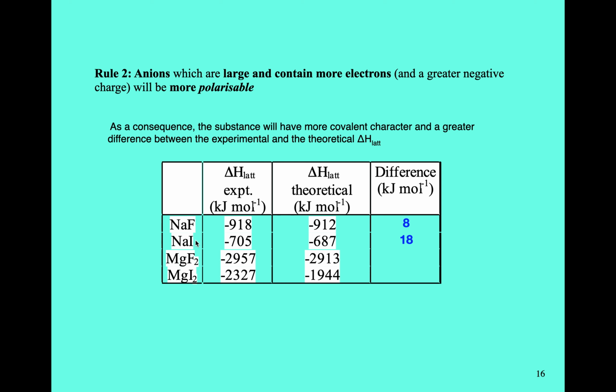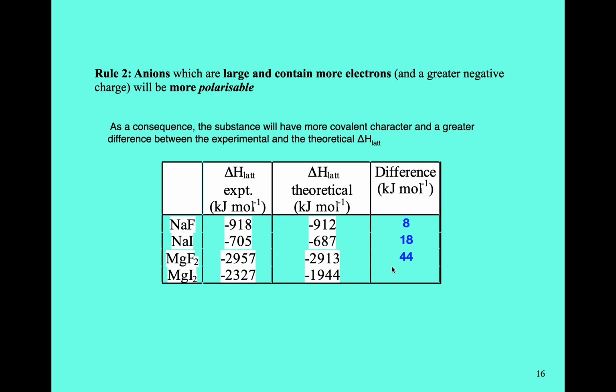Although the sodium ion, the cation, hasn't really got a lot of polarizing power, you can still see a trend that you would expect. If we take magnesium fluoride, okay, magnesium's more polarizing, so there is some covalent character, isn't there? This is more exothermic than this, so there is some covalent character in the compound.